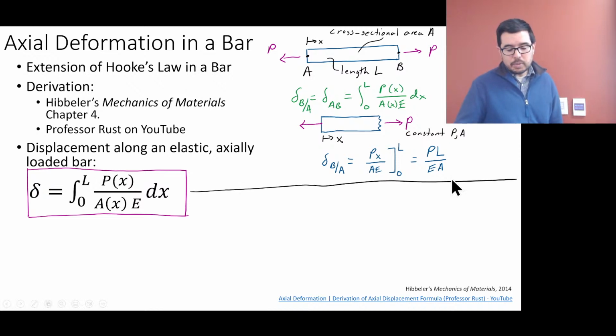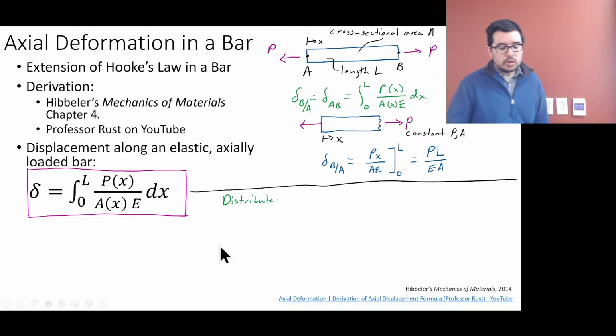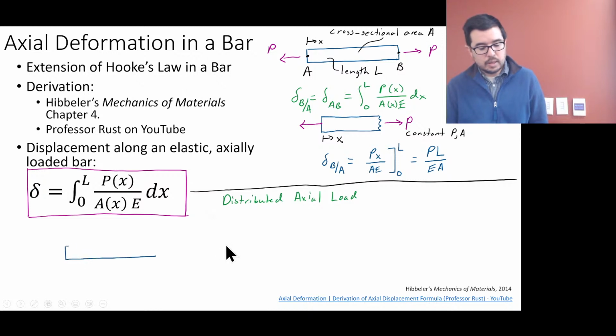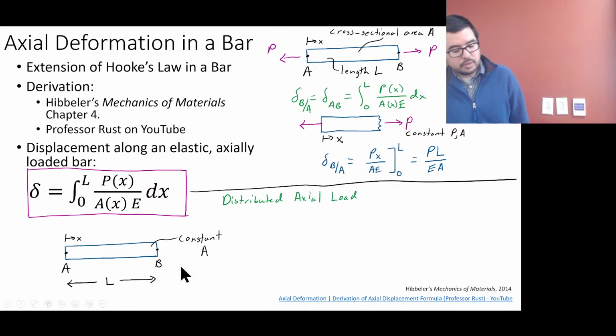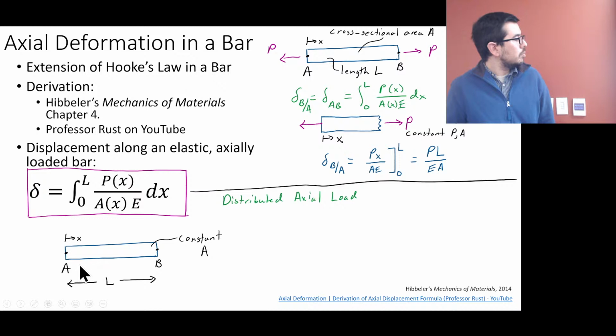What about a slightly more complicated problem? Let's talk about a distributed axial load on an axial member. Here is another bar, remarkably similarly shaped, and we go from A to B. Instead of a uniform force throughout the bar, we have a P that grows continuously, like you see here.